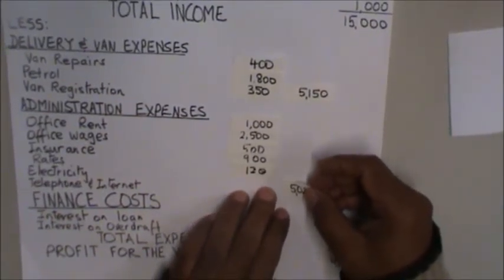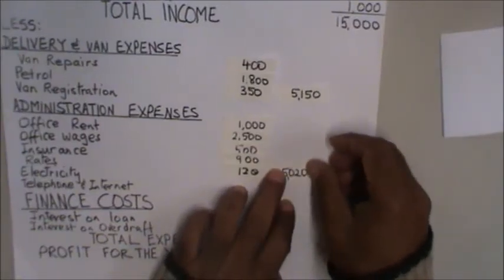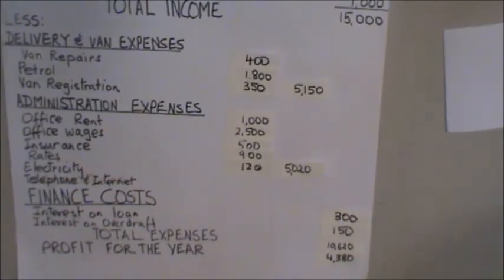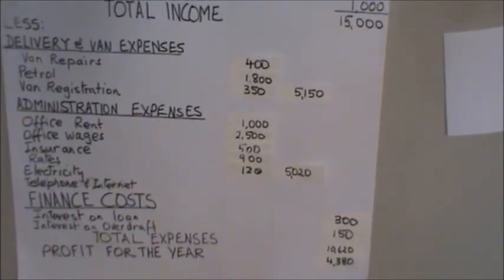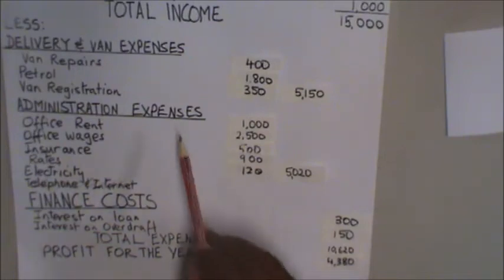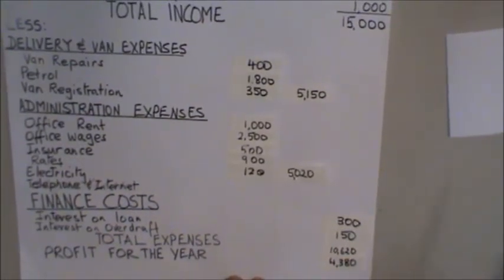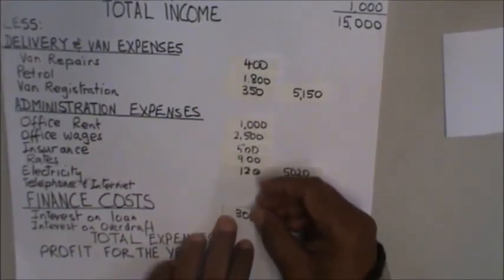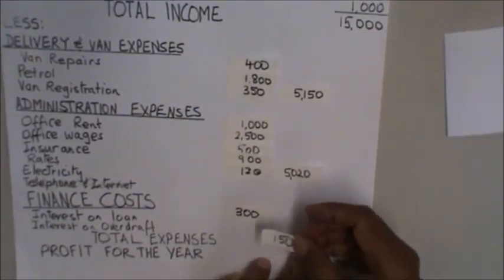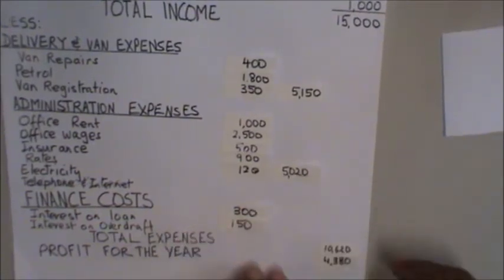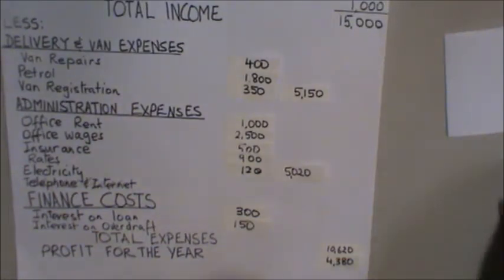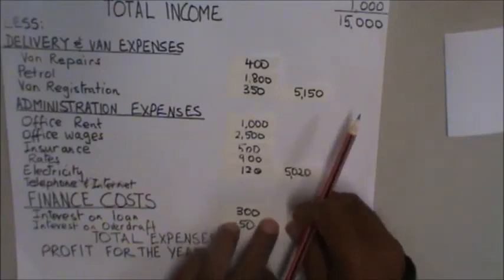And the total is $5,020. So we will ignore telephone and internet. So it's $520. That is the total for administration expenses. Then we come to the finance costs. Interest on loan was $300 and interest on overdraft was $150, and the total was $450.